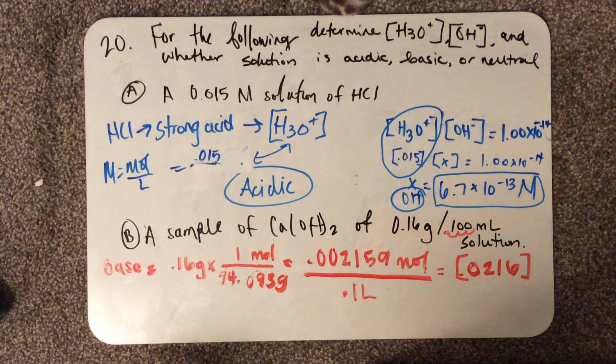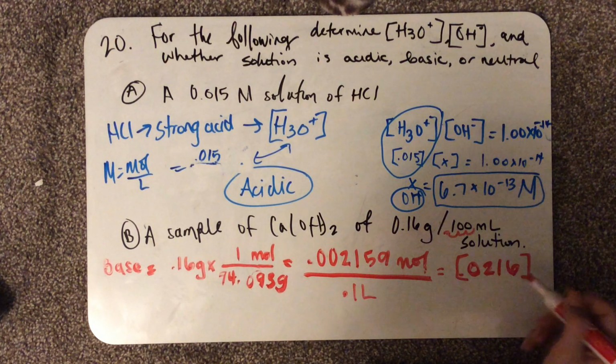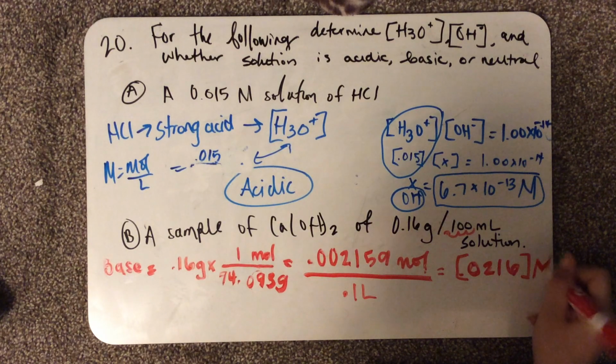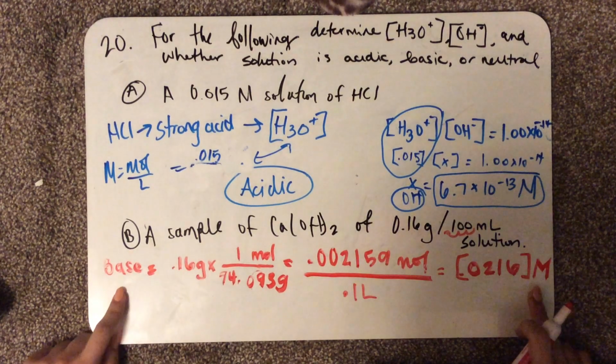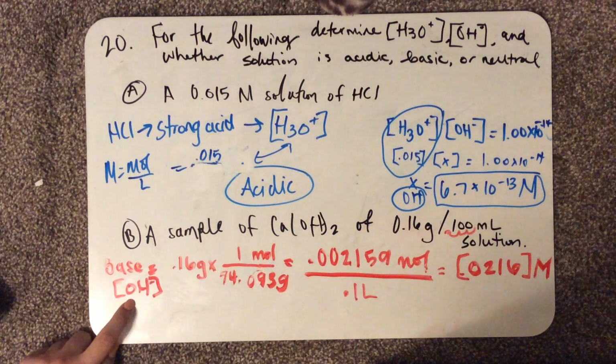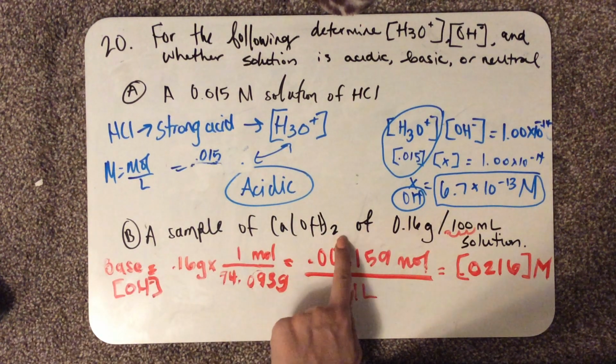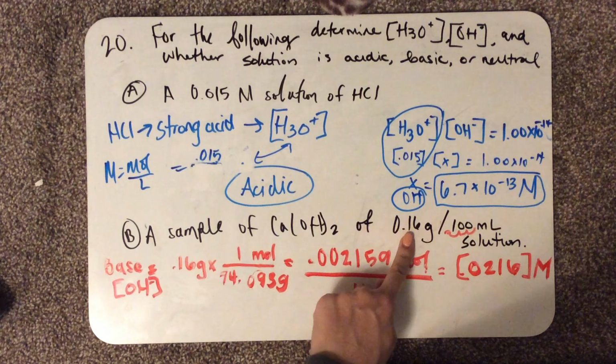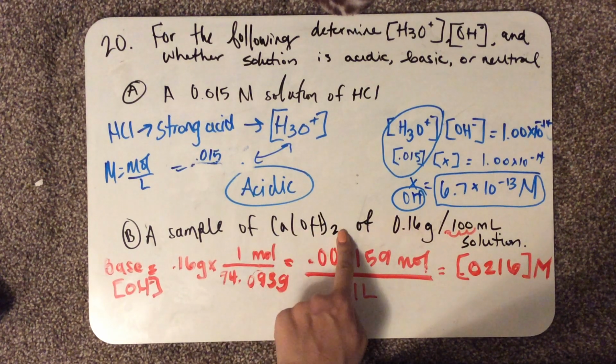Oh, okay. So this is the concentration of big M, the base, OH. But we want the concentration of OH, not OH2, since this was given in grams of calcium OH2.